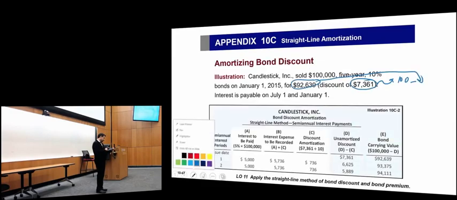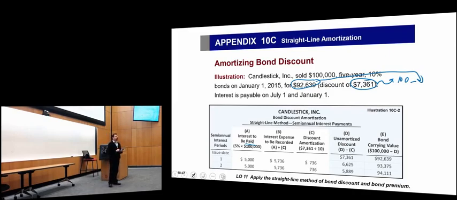this is the amount that the company will actually have to pay. This is 5,000. That's based on face value multiplied by interest rate multiplied by 6/12. This is based on the contractual interest rate and the face value. That's the amount of check that will be sent to bond owners. Now, the interest expense that the company will record will also include the amortization of bond discount.